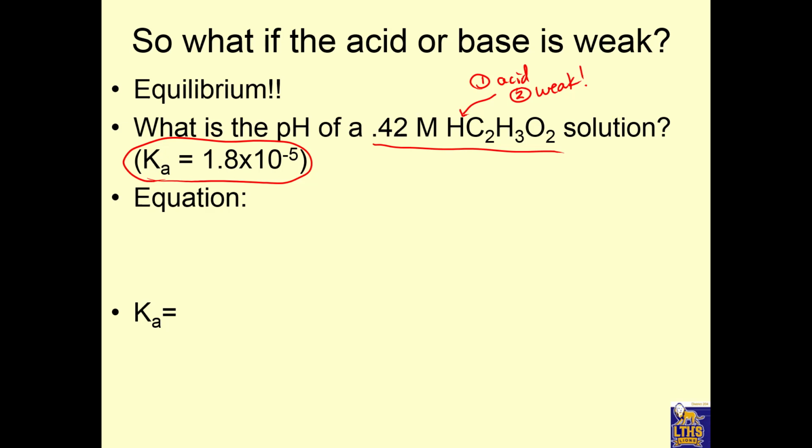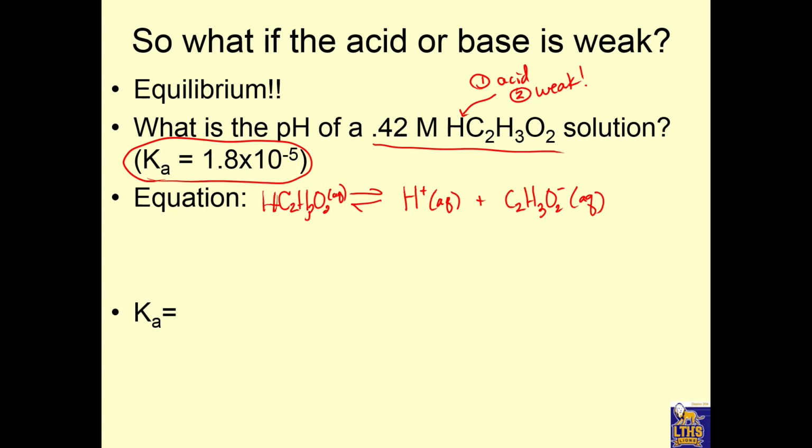So here's the equation. You should be able to write this. HC2H3O2 is aqueous, okay, because those are surrounded by water molecules. You have H+ is aqueous, and then you have C2H3O2 negative, which are also aqueous.